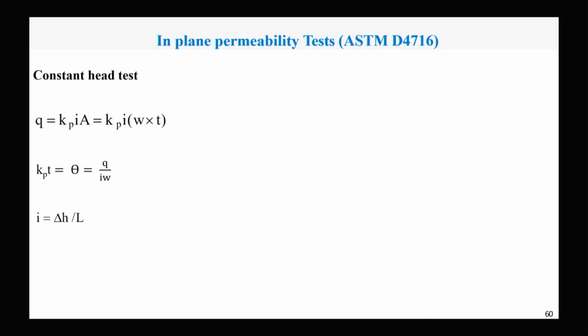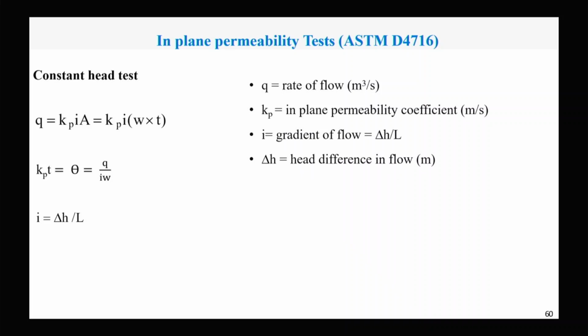These are the relationships where Q is the rate of flow in cubic meter per second. Kp is the in plane permeability coefficient. I is the gradient ratio. Delta H is the head difference.